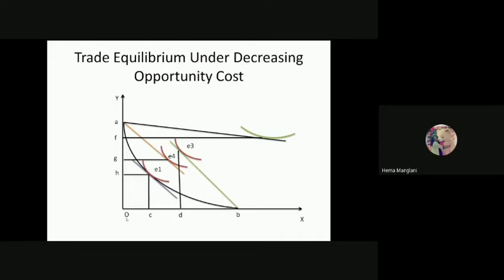So from the autarky position, of course, this E4 point is a better point, because if you come here, the country is actually maximizing gains in terms of X also, and also with reference to Y. And here from E4 to E3, if you come, again the country is going for a complete specialization. The country would offer here, and from this situation you need to see it.